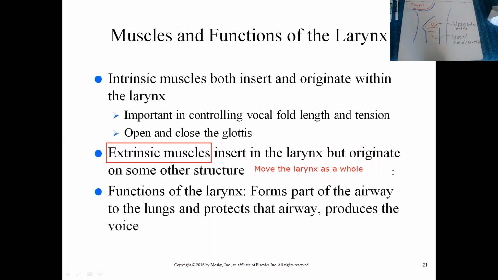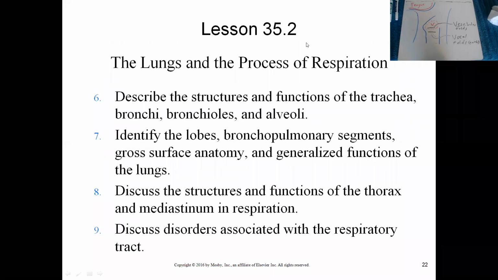And for functions, we talked about the functions already. Larynx, part of the airways, conveys air, and helps to make your voice. And that was the first half.